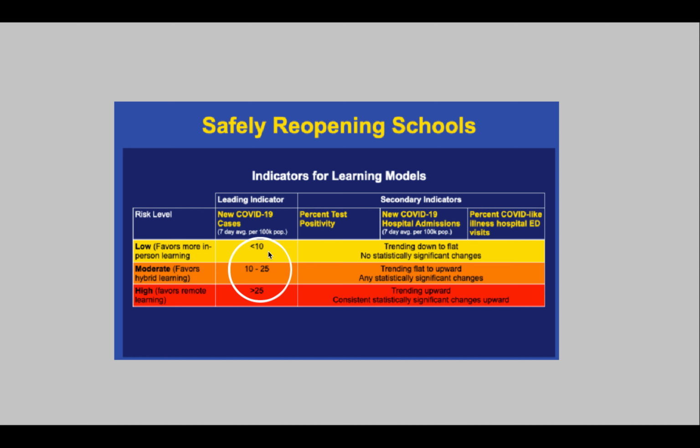So whenever that's below 10, and ours is 2, this metric says it's okay to have in-person learning. Between 10 and 25, this metric says hybrid is probably better. And if we go over 25, it's time to do remote learning. There are some problems with these cutoffs, and I want to talk about those problems. But first, I just want you to understand what the numbers are and what they're saying.